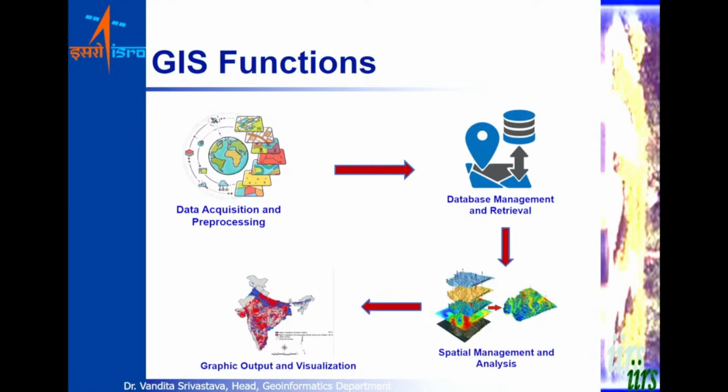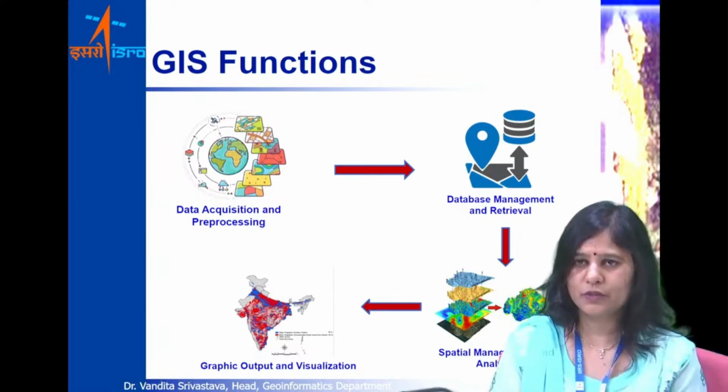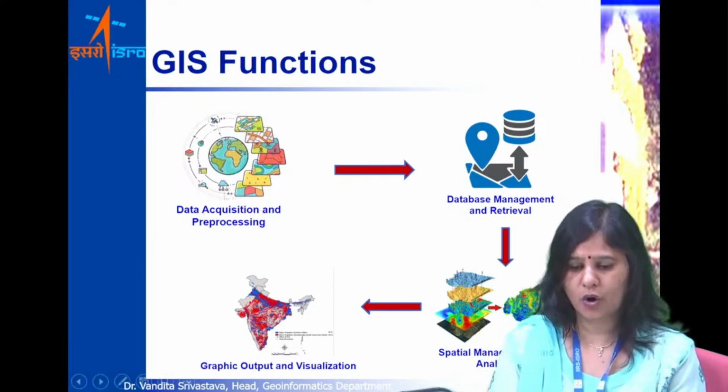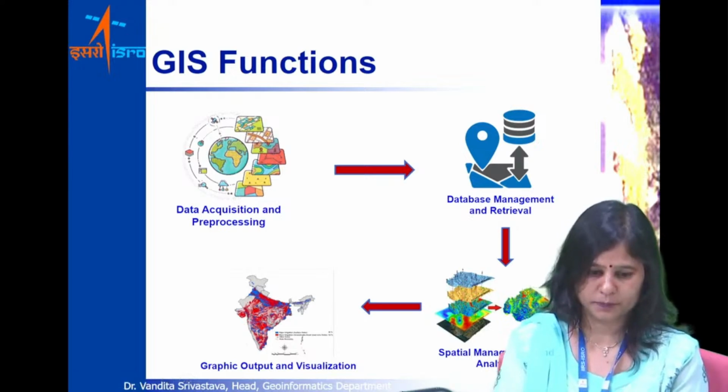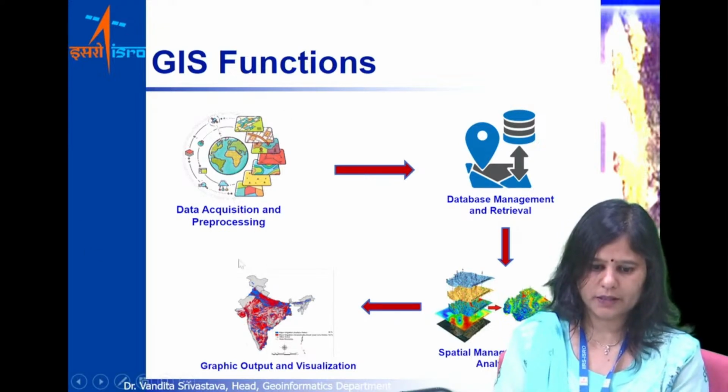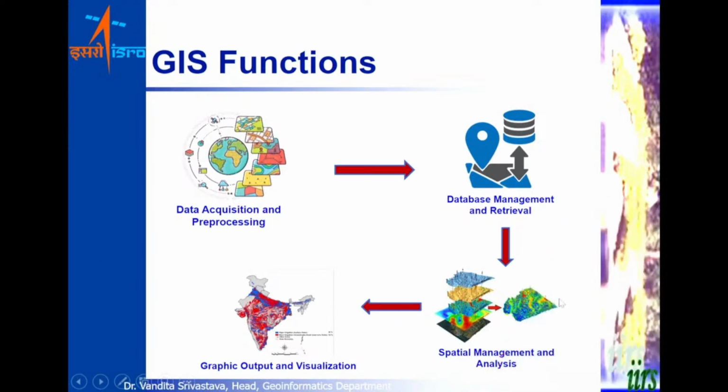Now, what makes a GIS work is the linkage between the spatial and the attribute data. Once we have done that, we can use these functionalities of a GIS to solve real world problems. So we require these functionalities to make a GIS work.